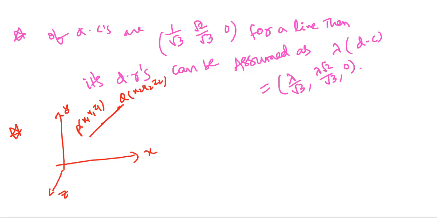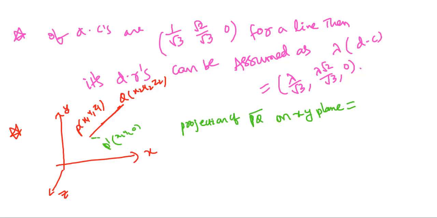Now, if I want to convert them into planes, the projection of PQ bar on the XY plane: you draw a perpendicular onto the XY plane, then P dash comes down to the XY plane with Z equal to 0, and Q dash also with Z equal to 0. So this is the projection, that is P dash Q dash.